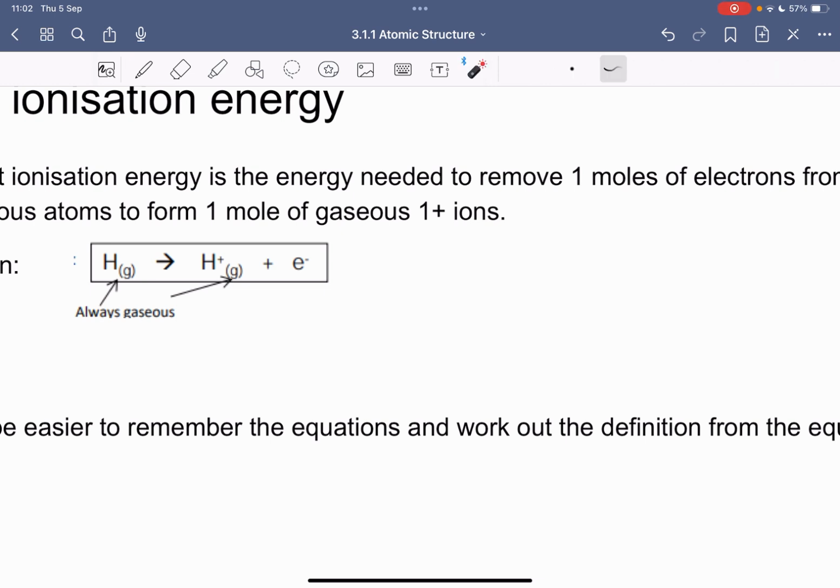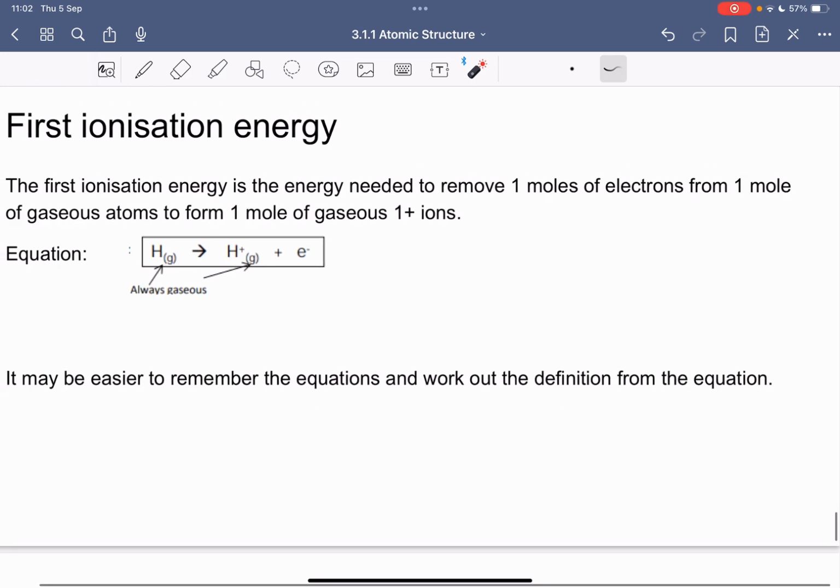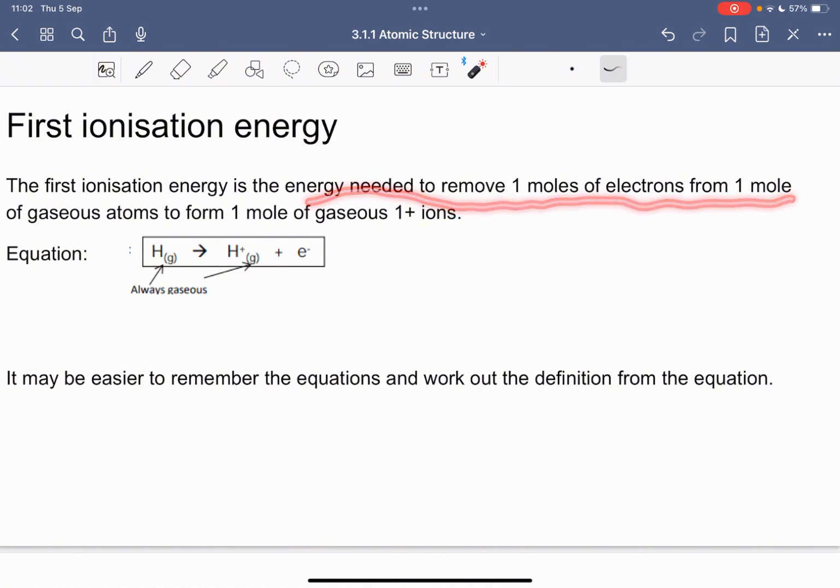Okay, now notice how both the atom and the ion are in the gaseous state. That's really important. Now instead of remembering this whole definition, I'd say just remember the equation.